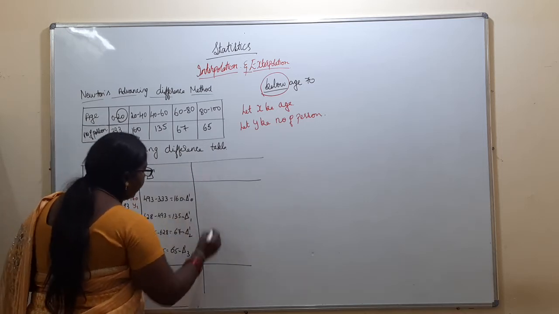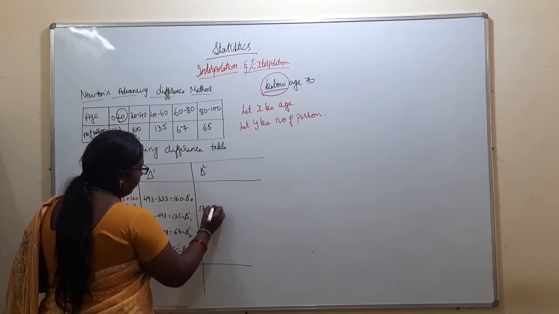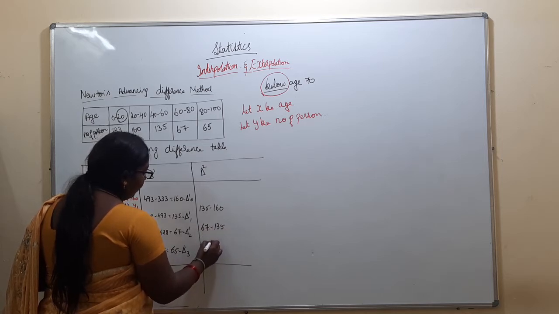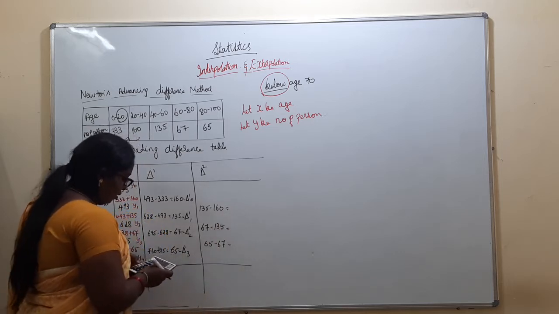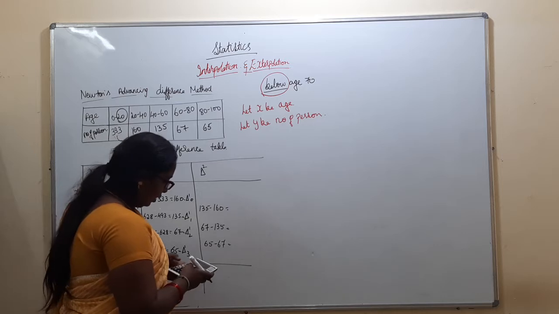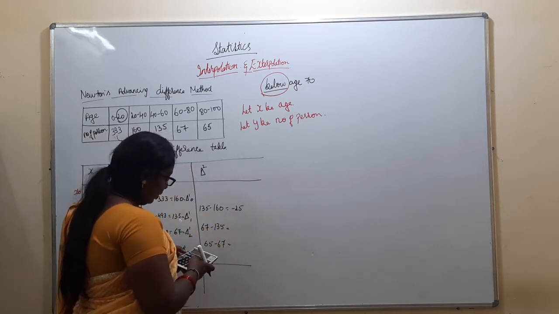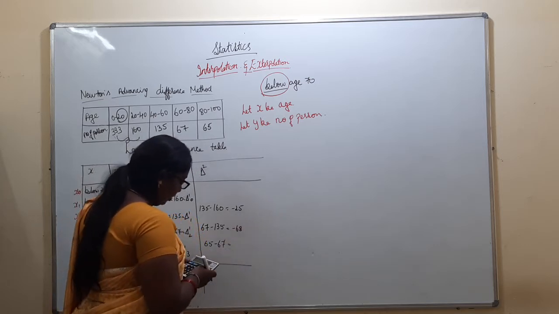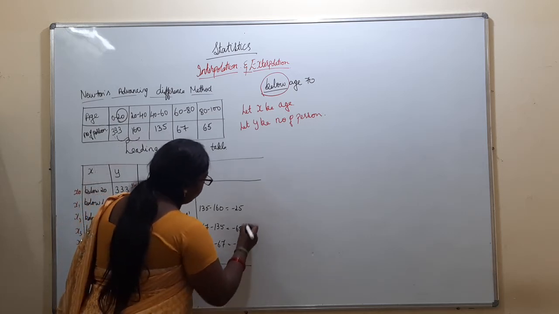Next I will do for delta square. Same thing: 135 minus 160, 67 minus 135, then 65 minus 67. 135 minus 160 is minus 25, then 67 minus 135 is minus 68, then 65 minus 67 is minus 2.